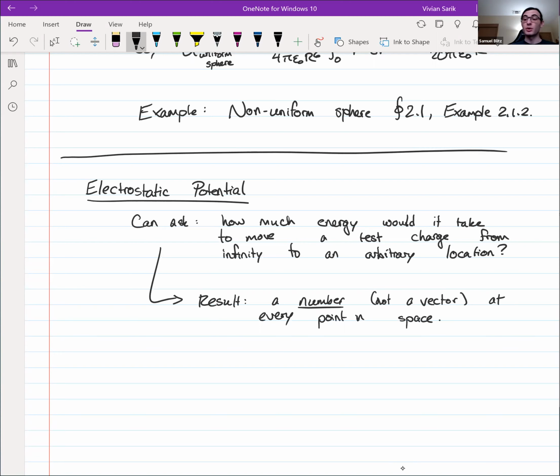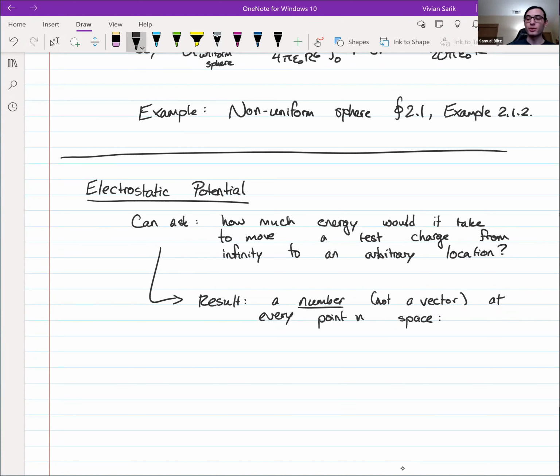So basically, you ask, how much energy would it take to bring a test charge from infinitely far away to this place? And then what about this place, and this place, and this place, and so on. And you do that for every possible position in the universe. And then for each of those positions, you divide the amount of energy by the magnitude of the test charge, and that will give you just a number that tells you how much energy it would take to bring a charge from infinity to that place.